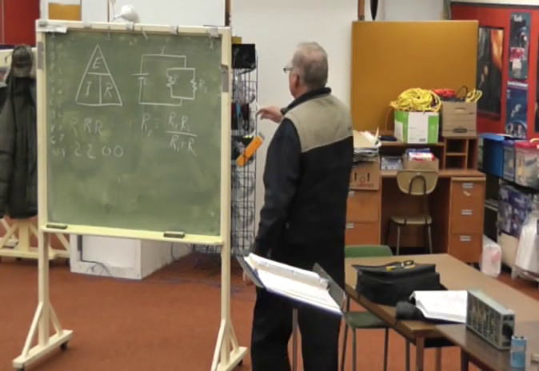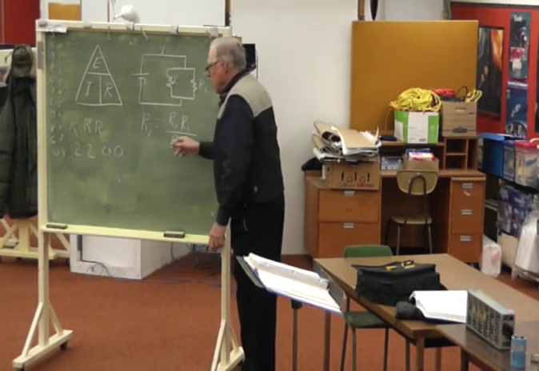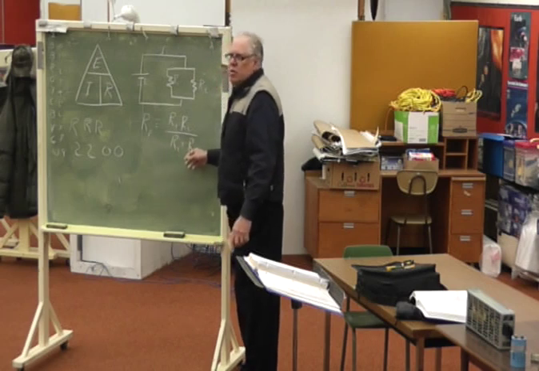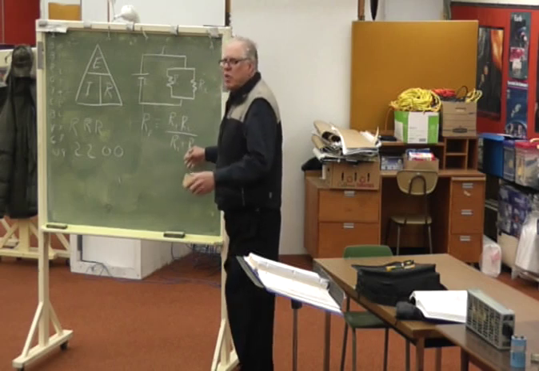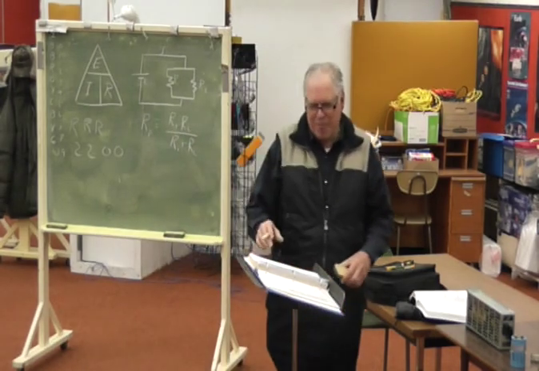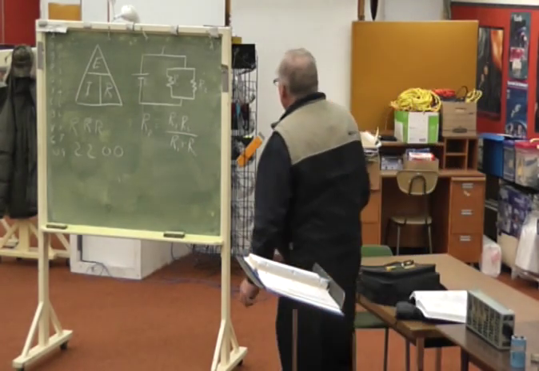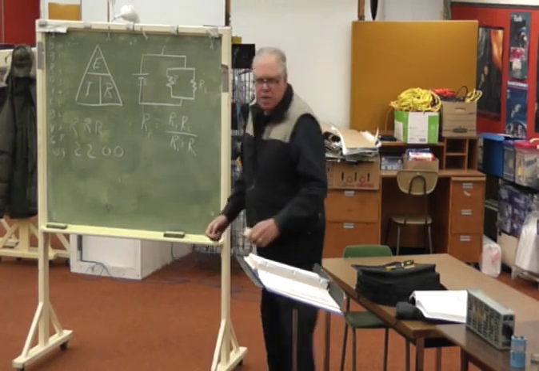Parallel resistance is R1 times R2 divided by R1 plus R2. If you wonder where we got that, grab me over coffee time and I'll go through it with you.